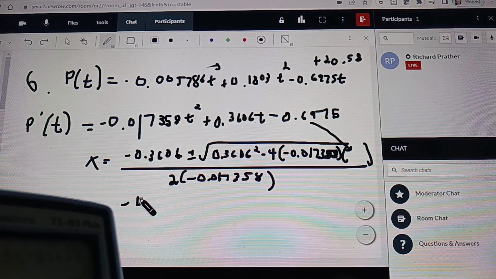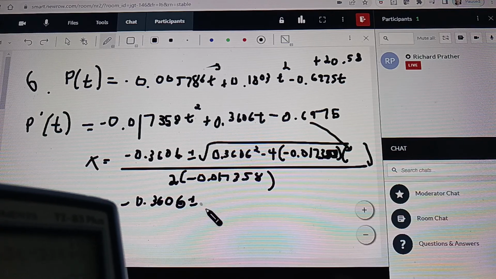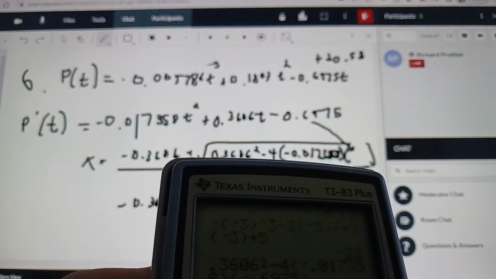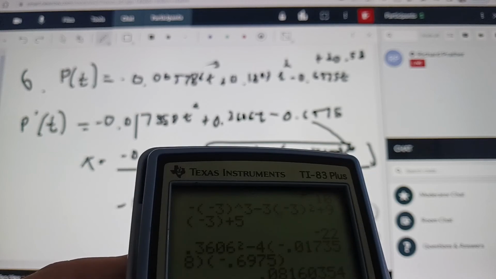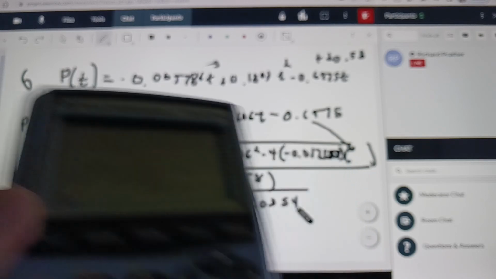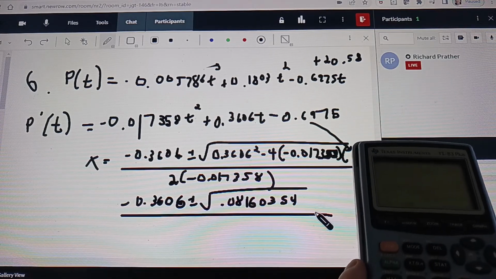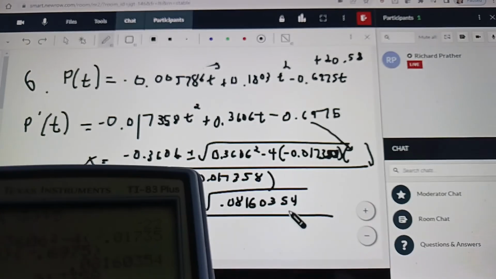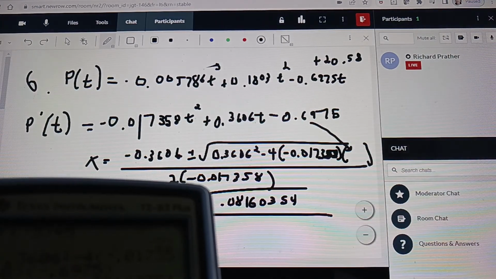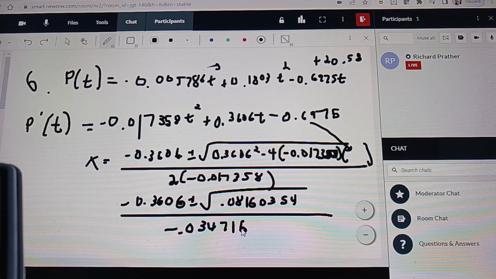I've got negative 0.3606. Square root of this decimal, 0.8160354. And the denominator is 2 times negative 0.017358. So the denominator is negative 0.034716. Okay, so let me bring this other answer back up.